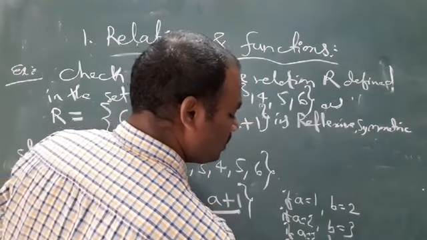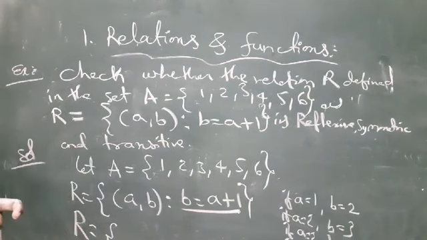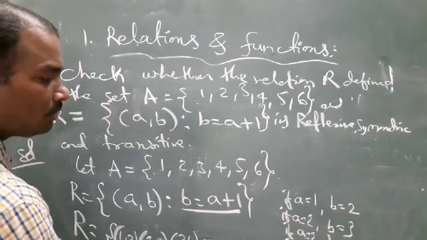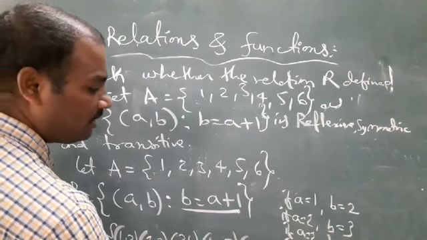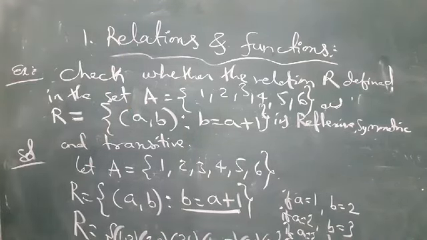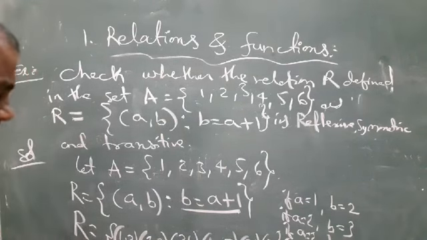If a = 6, b is 7. So you can create the relation: (1,2), (2,3), (3,4), (4,5), (5,6), (6,7). Yes, I already created the relation.